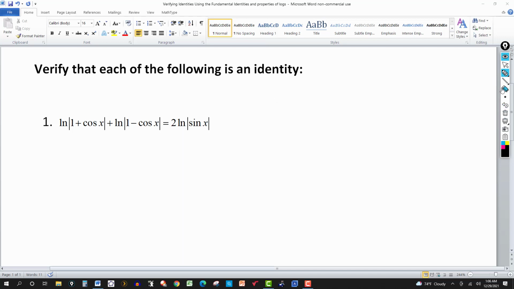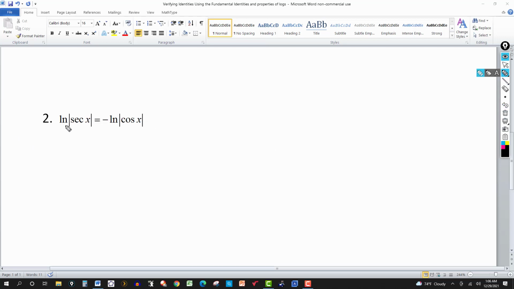Clear this. So this one tells me that natural log of the absolute value of secant is equal to minus natural log of absolute value of cosine. So this one again doesn't really matter which side I use. They're pretty much the same. Normally you start with a more complicated side. This will work either way.